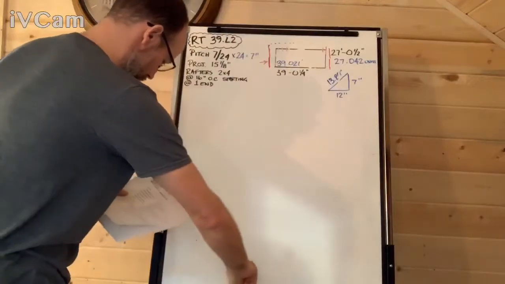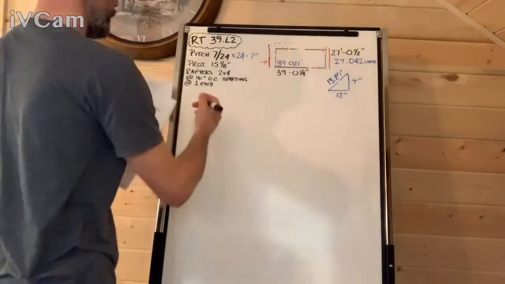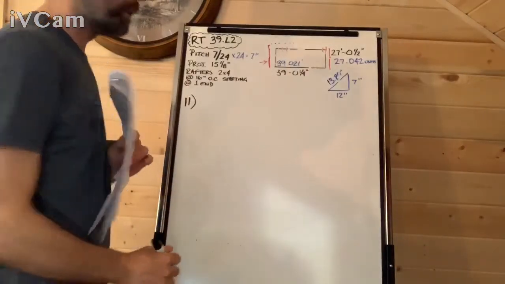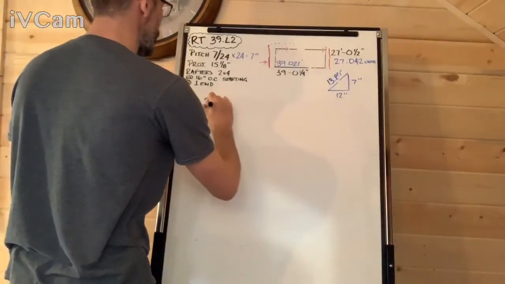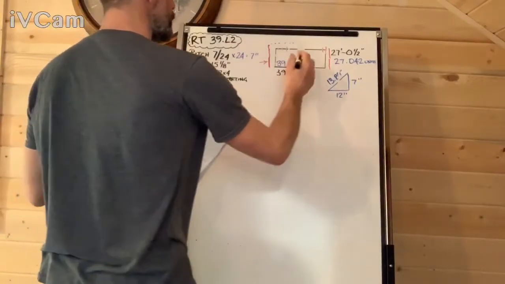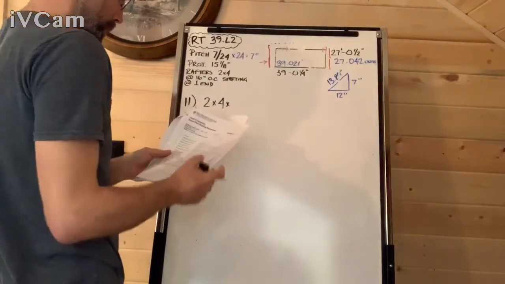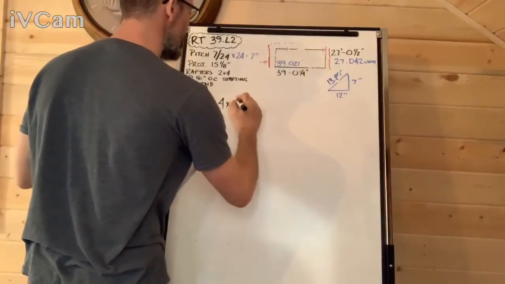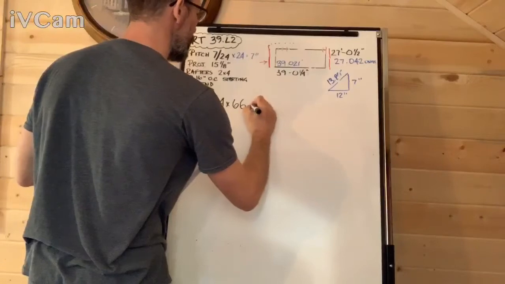All right. Number 11. Number 11 is asking us for the board footage. We know that we have 2x4 rafters. We know that we had, oh, I went and erased it. We had 62 common rafters plus 4 verge rafters. We have 66 rafters.